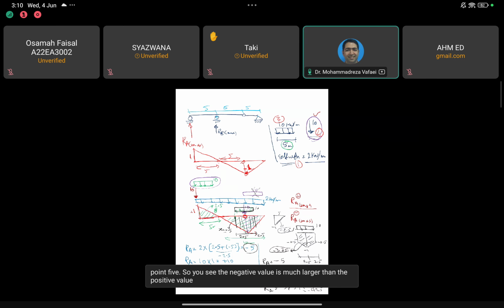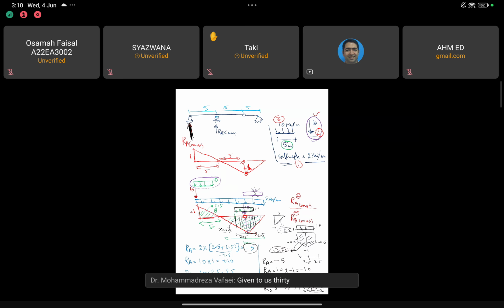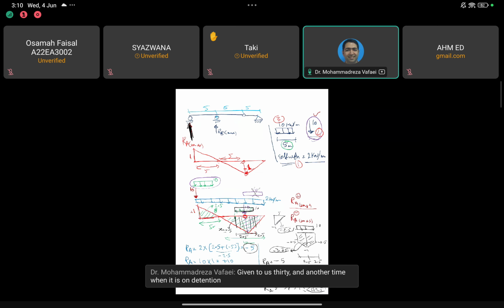That means if you want to design this support for these loads, you need to consider two cases. One, when it is under compression, the value given to us is 30, and another time when it is under tension. So both cases have to be checked to make sure that the support is functioning correctly.